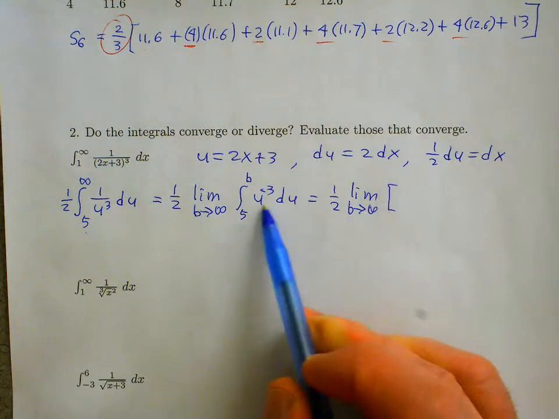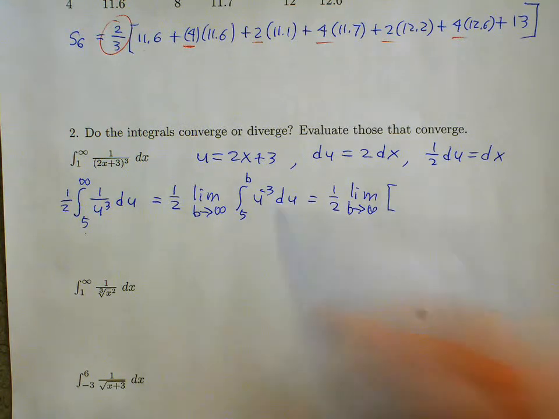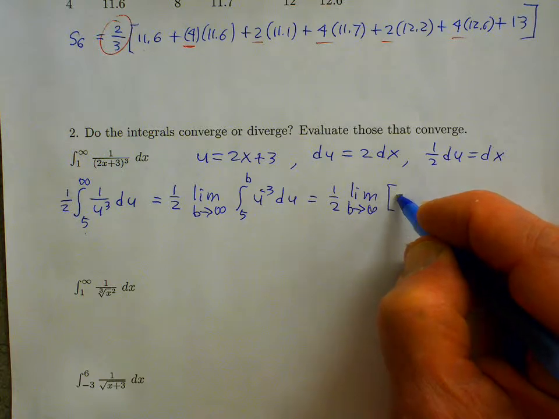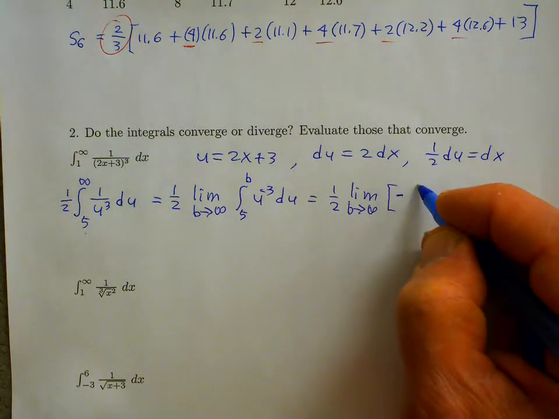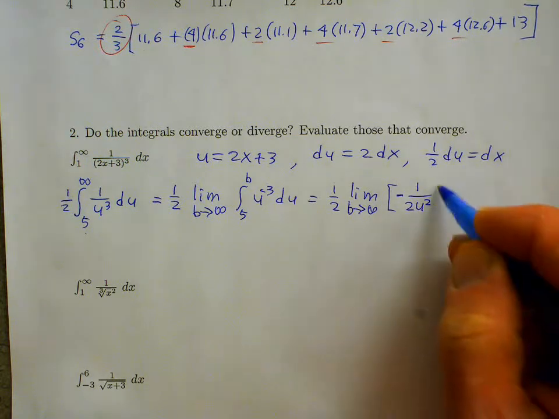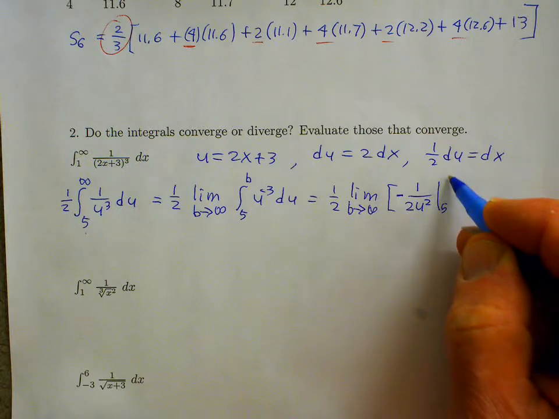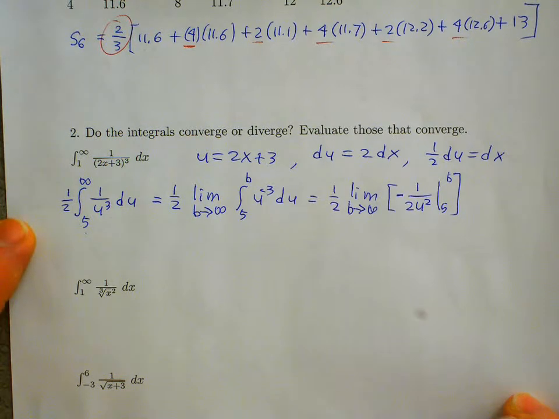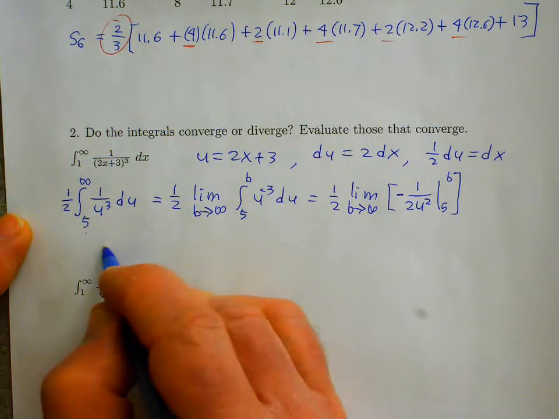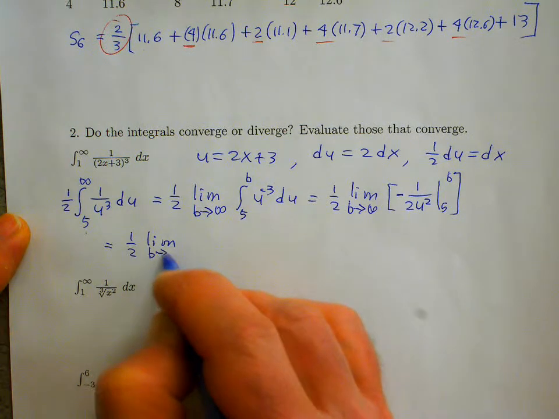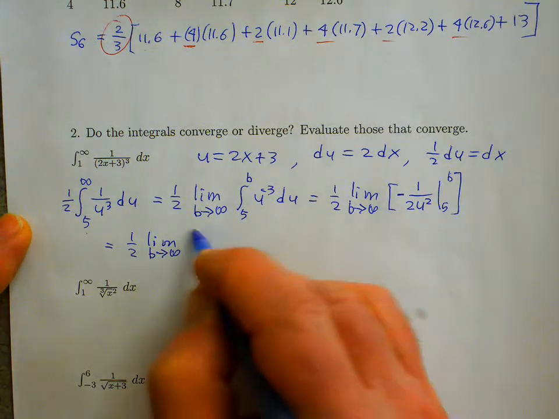Okay, so an antiderivative of u to the negative 3 is u to the negative 2 divided by negative 2, or negative 1 over 2 times u to the second. And then evaluate that from 5 to b. So this is 1/2 times the limit as b approaches infinity.